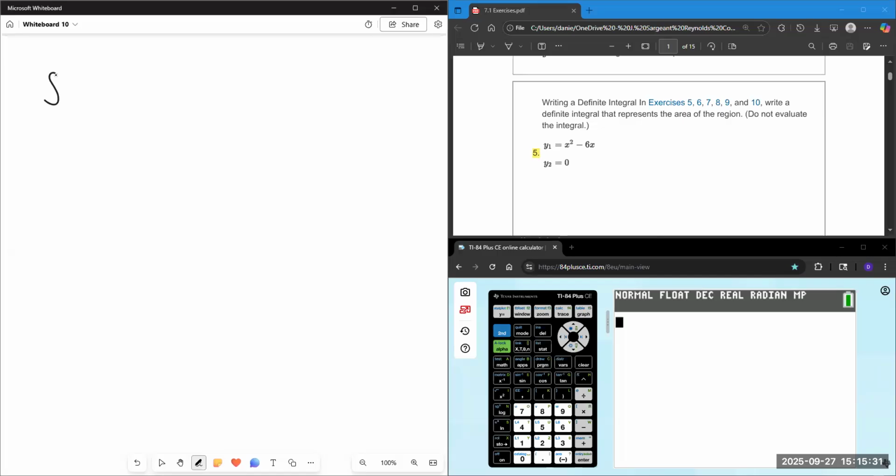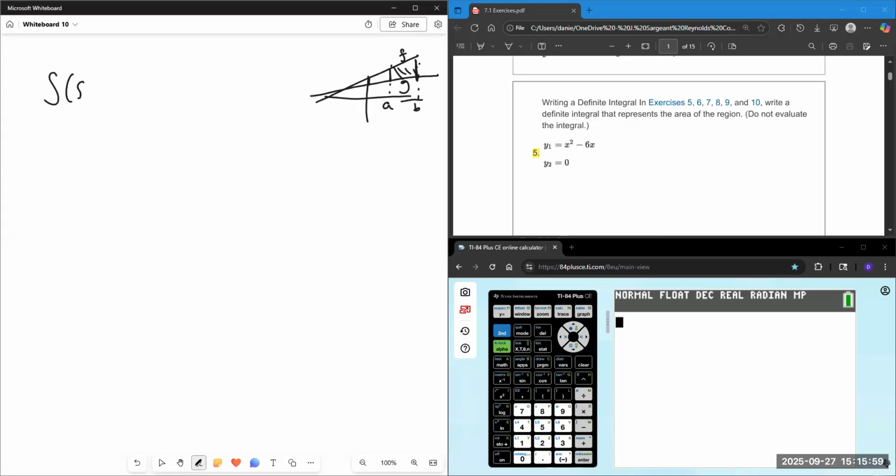So we're going to have an area that's bounded between two functions, let's say like this, from x equals a to x equals b, and we have some function that's upper, and I'll call that f for right now, and some function that's lower that I'll call g.